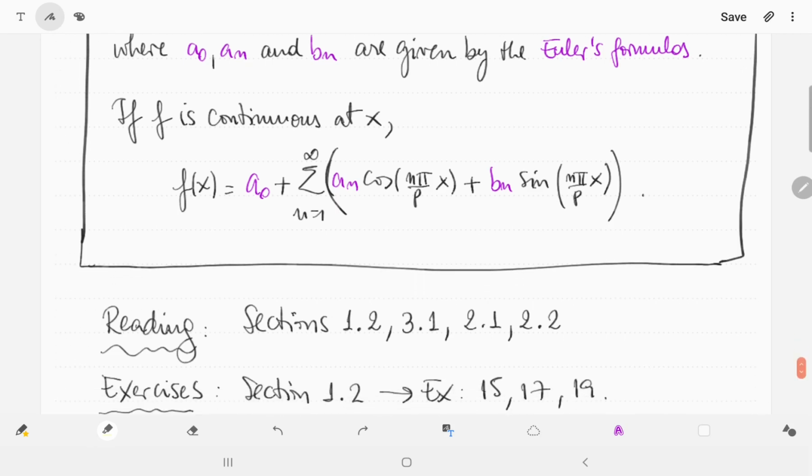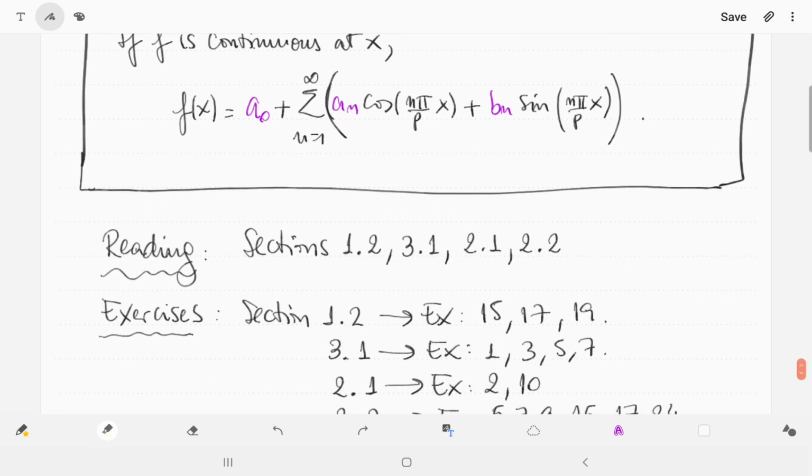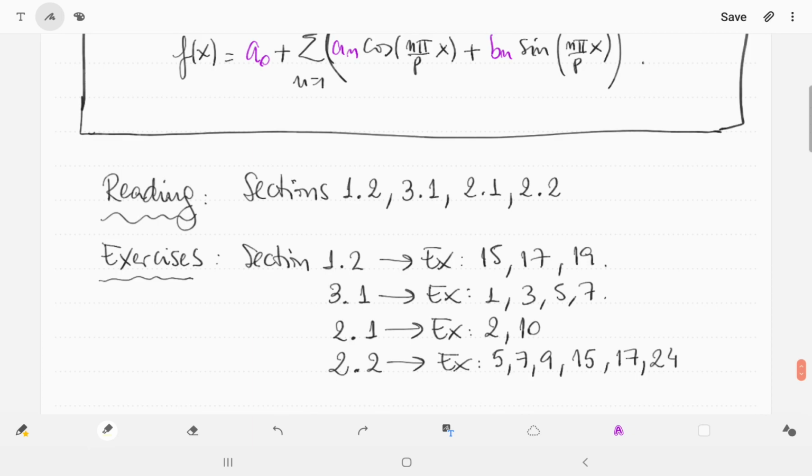Now you can read these sections of the book, but you don't have to pay attention now because it will be on Blackboard too. These are the sections we talked about today and the exercises that we will work on in the section this week. Okay, so that's it.